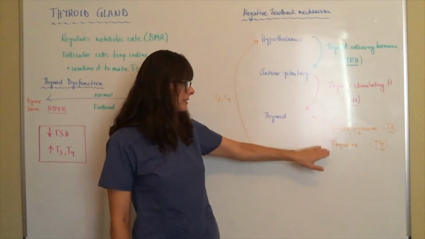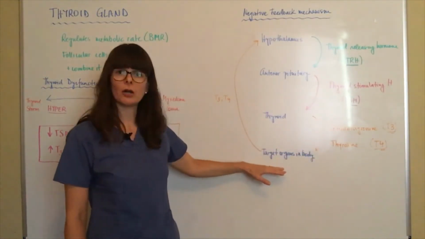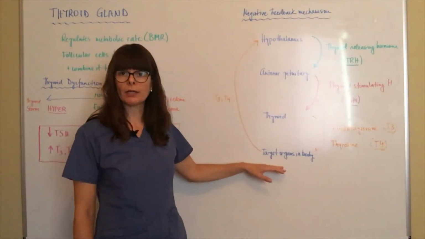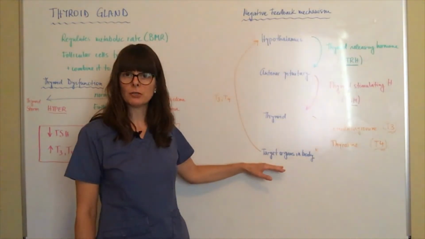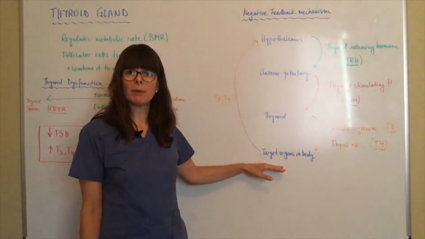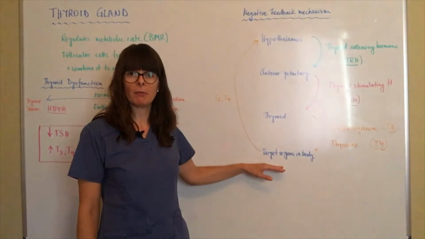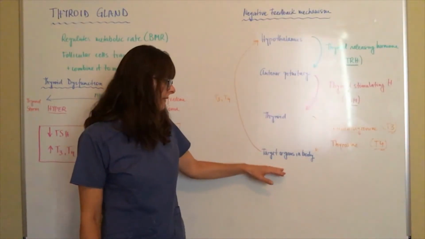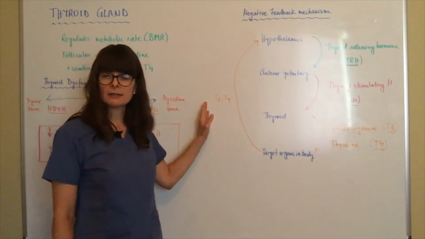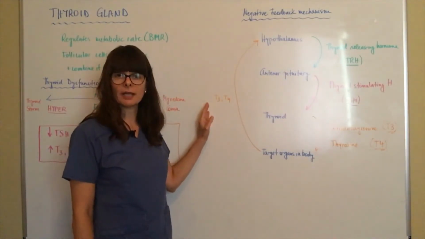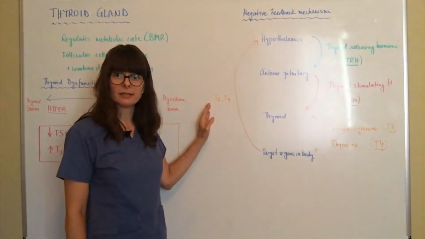And then T3 and T4 act on all the target organs in the body to regulate our temperature, our pulse, our blood pressure, our basic metabolic elements of the body. Then T3 and T4 get measured in the bloodstream, and this is what we as clinicians can measure on a blood test.